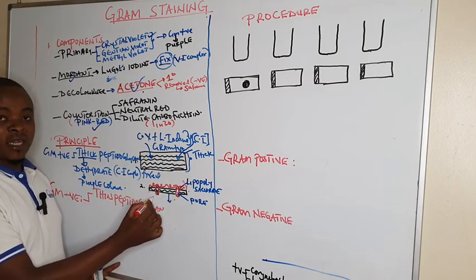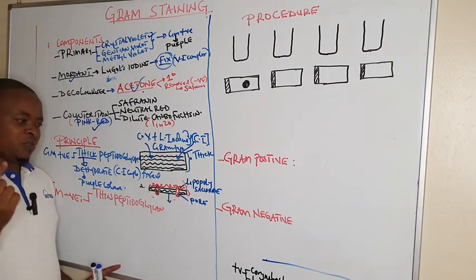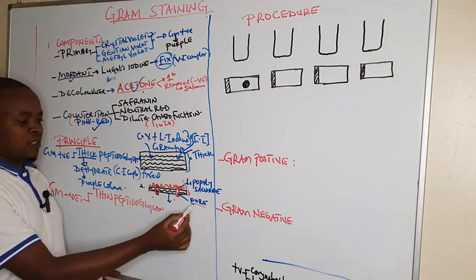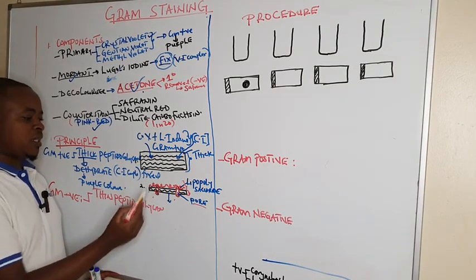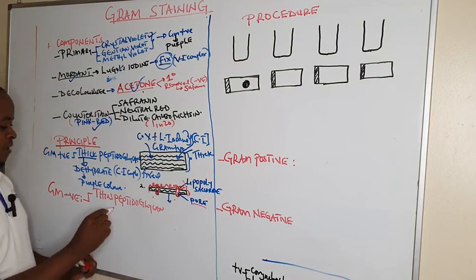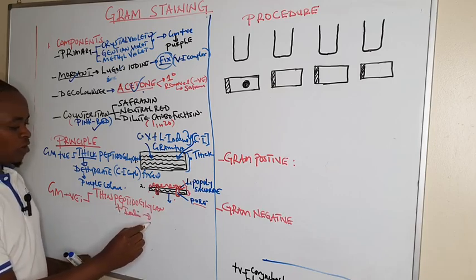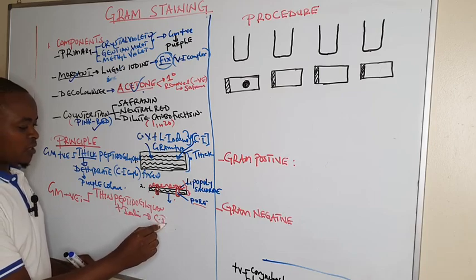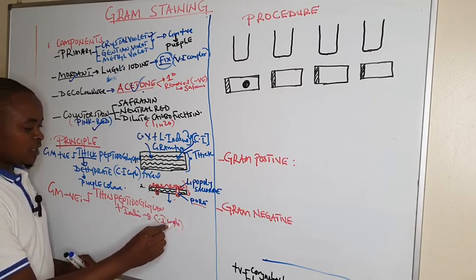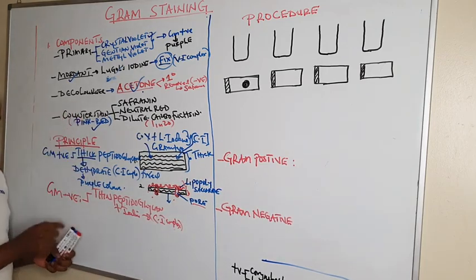So for gram-negative, they have a very thin, single-layered peptidoglycan with a lipopolysaccharide layer. When we apply a mordant, that is iodine, it is going to form the crystal violet iodine complex. But this complex is not retained on addition of a decolorizer.